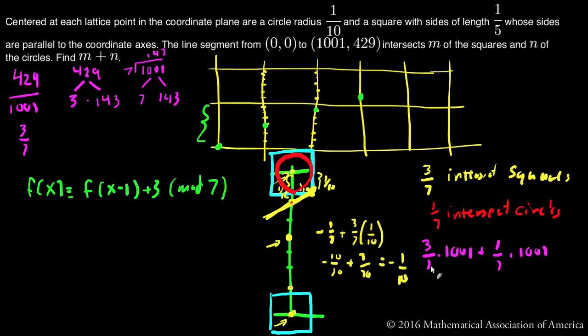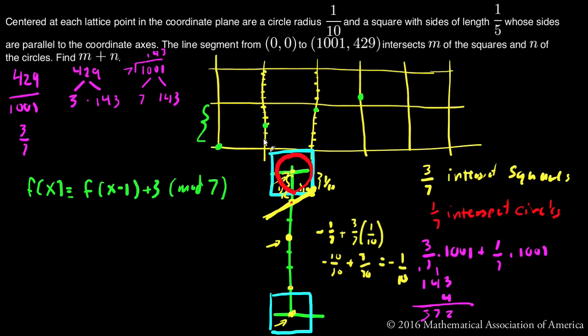We already know 1001 divided by 7 is 143, and I have 4 of those, so I do 143 times 4. 2 carry the 1, 16, 17, carry the 1, 4, 5.